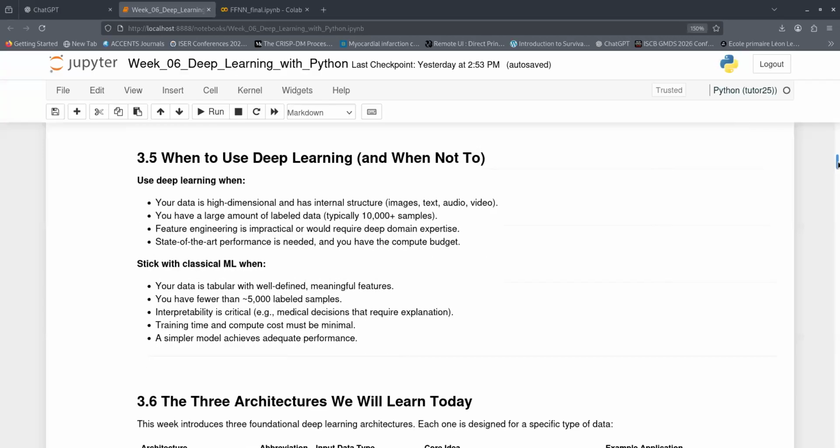When to use deep learning and when not to use it. We use deep learning when your data is higher dimensional and has internal structure, as we said: images, text, audio, video. You have a large amount of labeled data, typically 10,000 plus samples, and feature engineering is impractical. If feature engineering is impractical and would require deep domain expertise, then you need deep learning.